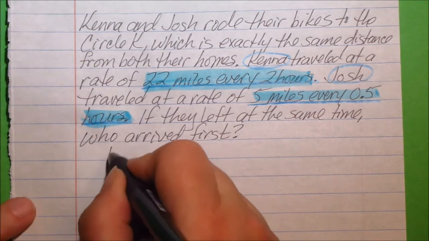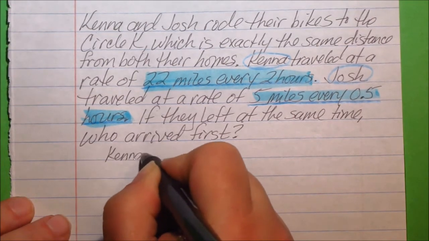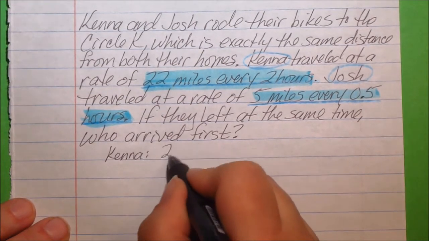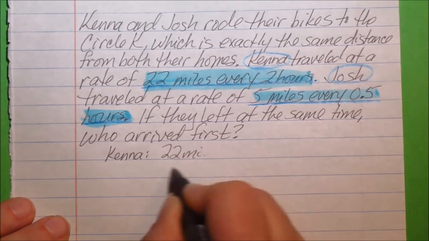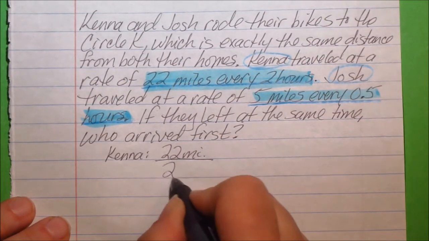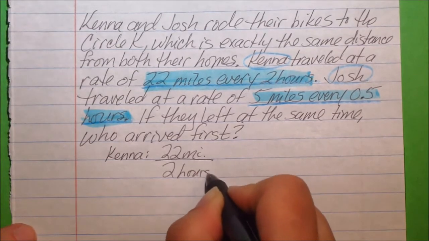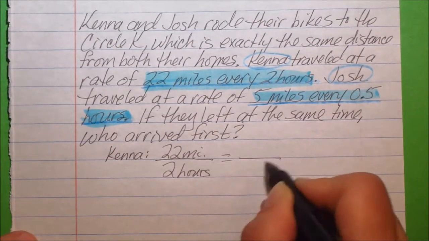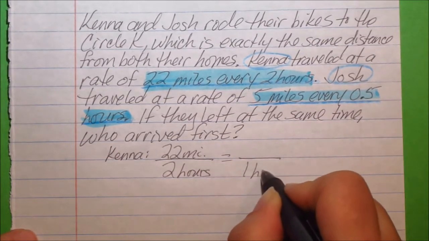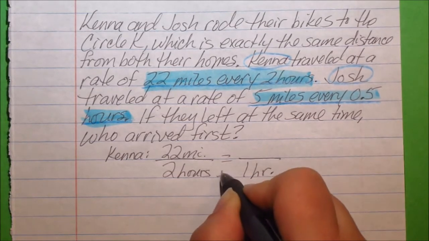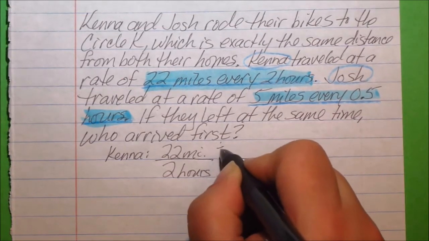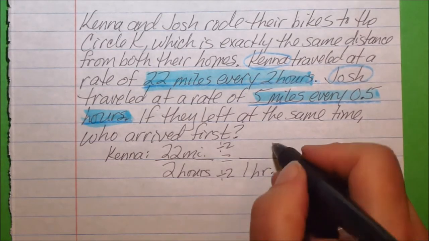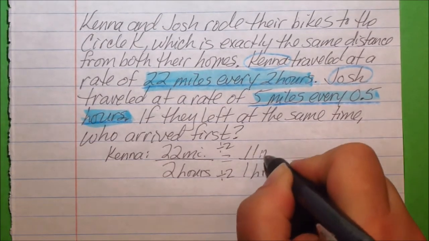All right, so let's first look at Kenna. Kenna, 22 miles for every 2 hours. Now, to turn that into a unit rate, we need to make that 1 hour. That means we divide that by 2, top and bottom, and 22 divided by 2 is 11 miles.